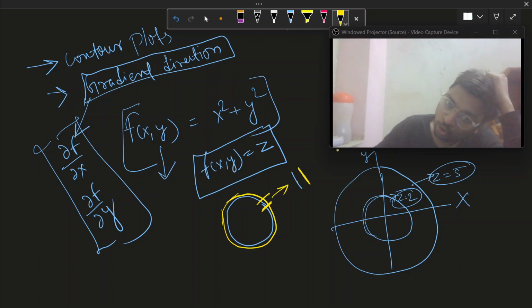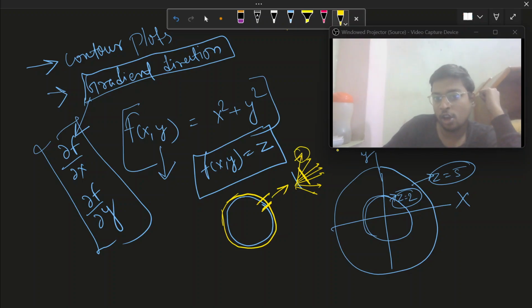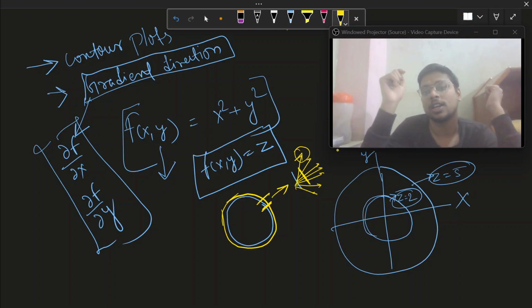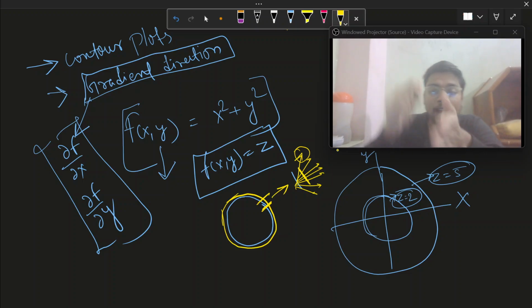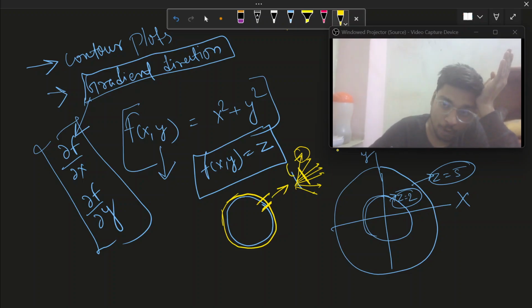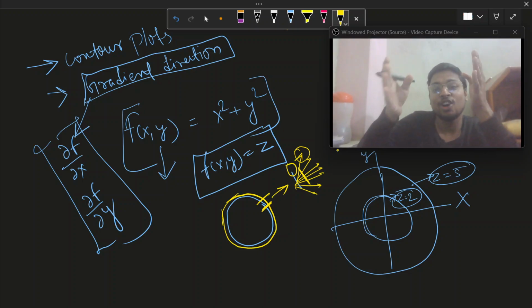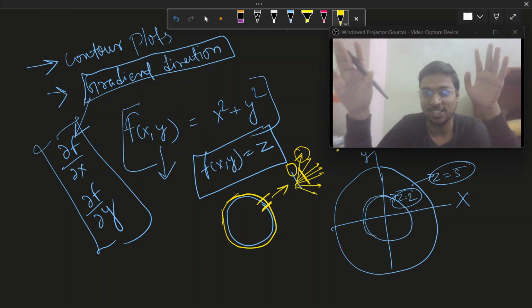If we go in any direction, it has a component where the value does not change.